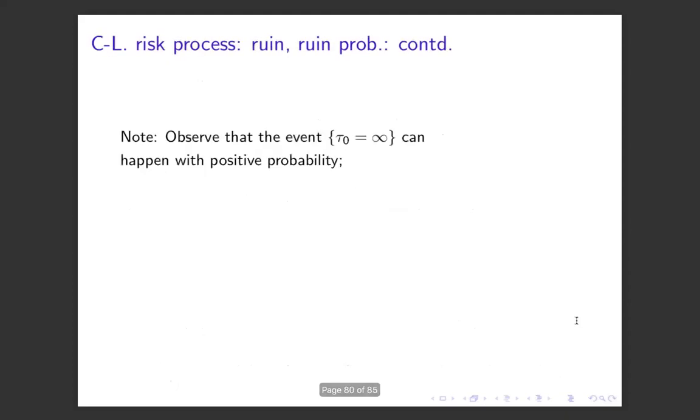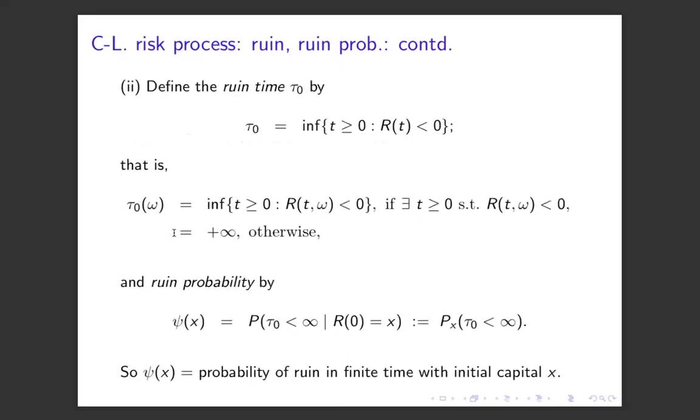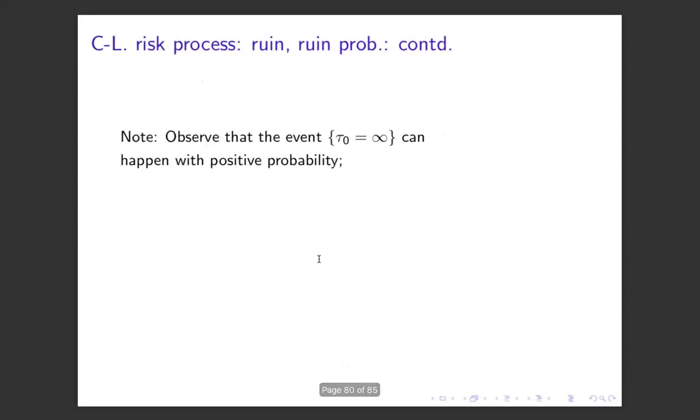All right. So the event tau 0 equal to infinity can possibly happen with positive probability. If that kind of thing happens, that would be desirable from the point of view of the company.